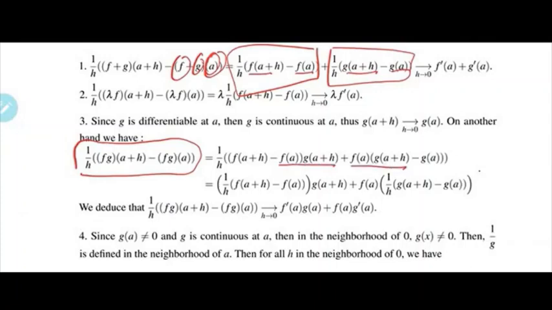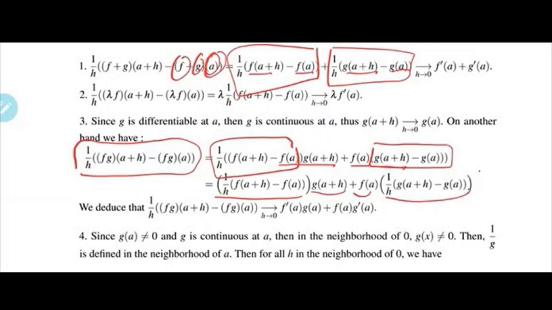So adding and subtracting this value will allow us to have on one side the derivative of f at a, and on the other side the derivative of g at a. So we'll have f prime of a times g of a plus h plus f of a times g prime of a. And when h tends to 0, this will become g of a, and we will obtain the result.